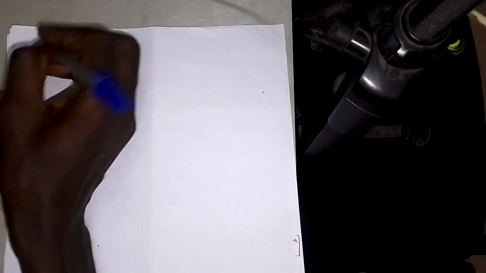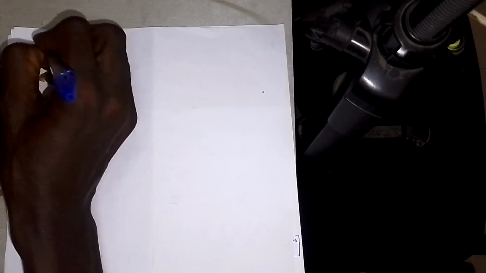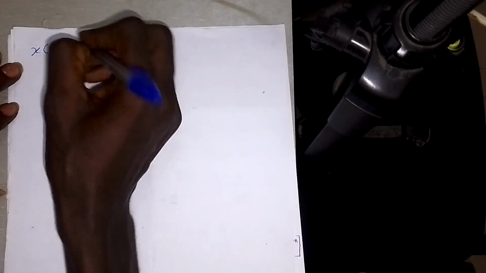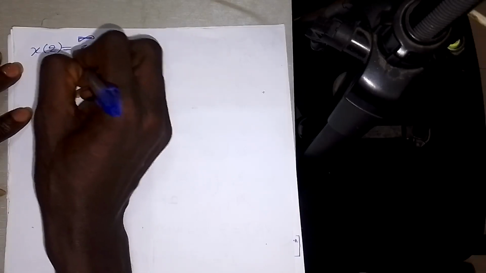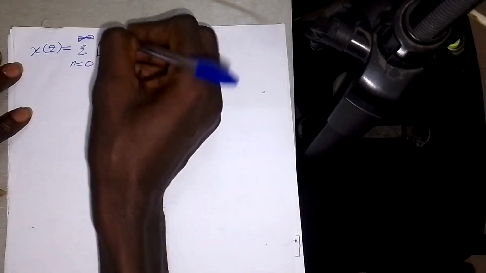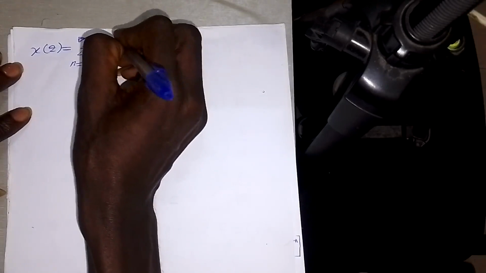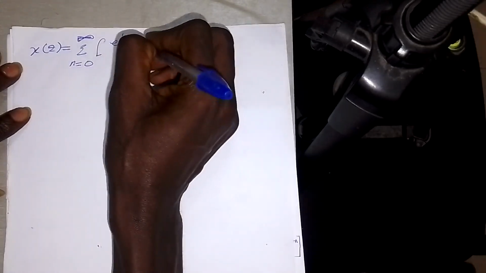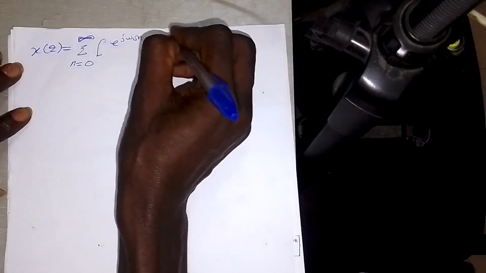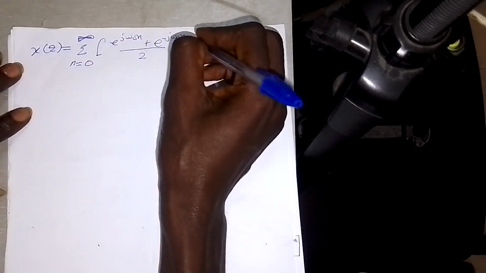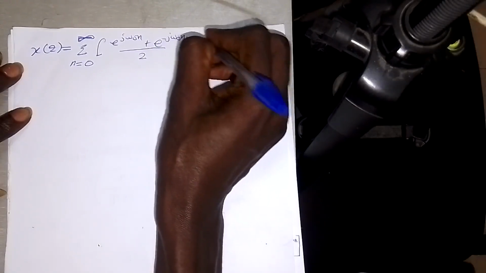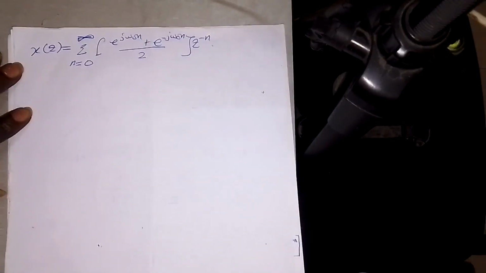Basically what I'm going to have is X of z equals the sum from n equals 0 to infinity of e^(j omega naught n) plus e^(-j omega naught n), over 2, into z^(-n). So this is what I'm going to have.